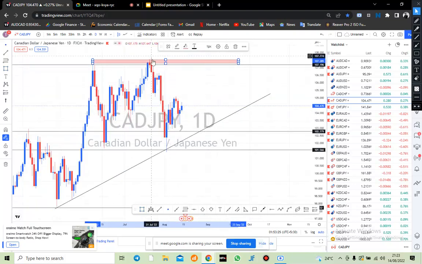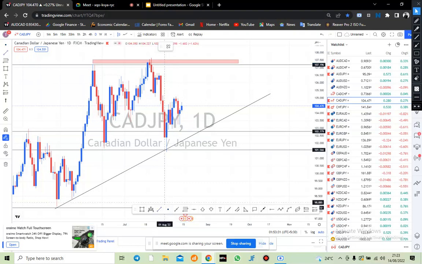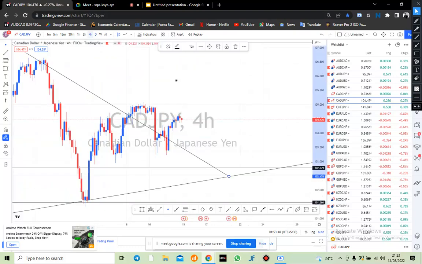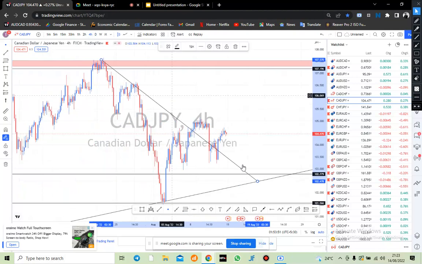Now from this resistance we have the next reversal point, also here a reversal point. Then if I draw a trend line, something like this. Okay, let's say the 4-hour time frame. Let me check the 4-hour time frame. This is how it looked like on 4-hour time frame.